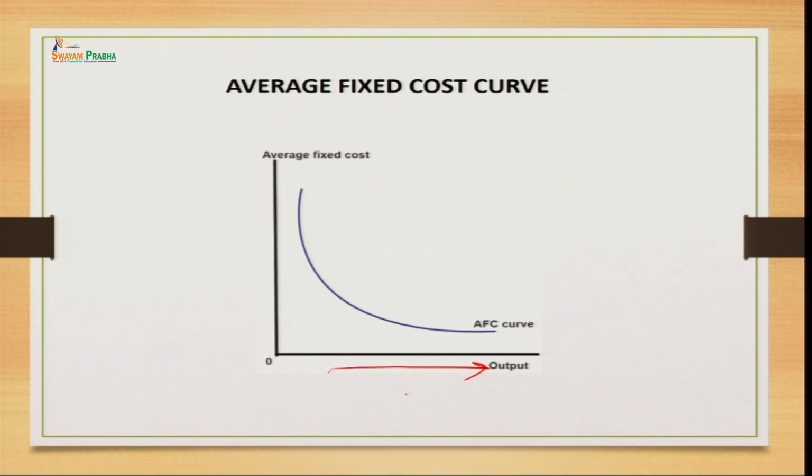Okay. And if you see the rate of reduction in average fixed cost, initially it is higher and then it reduces at a slower rate. Okay. So, the rate also differs, it reduces, but initially it reduces at a higher rate and later on it reduces at a lesser rate. Okay.